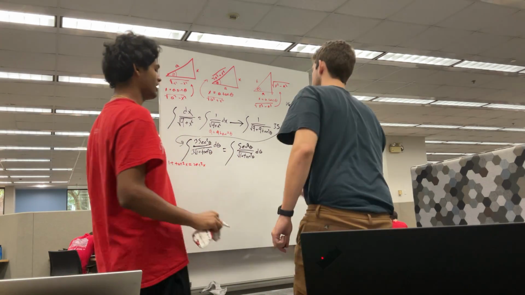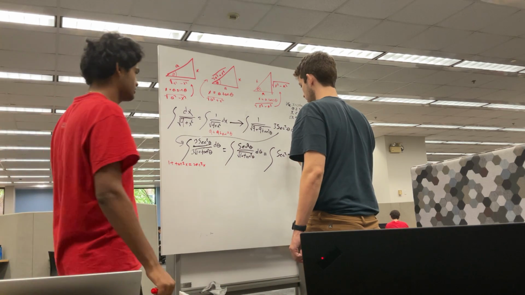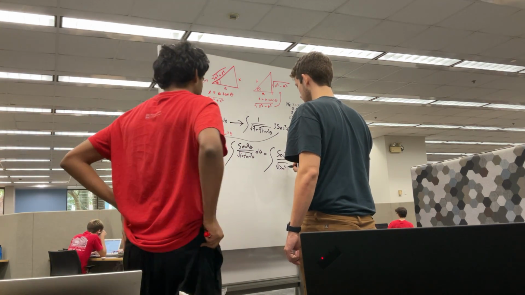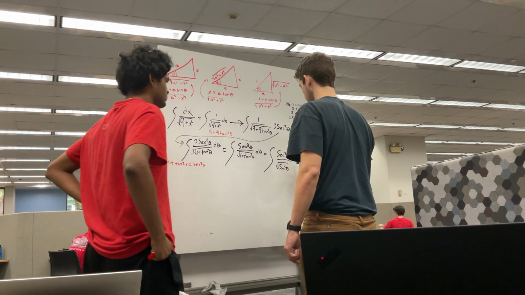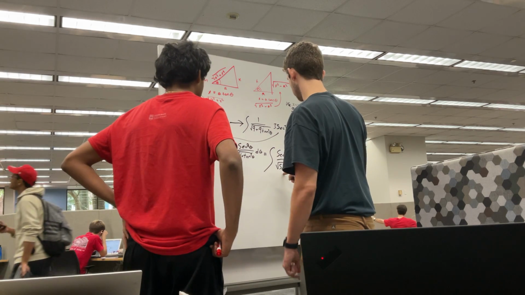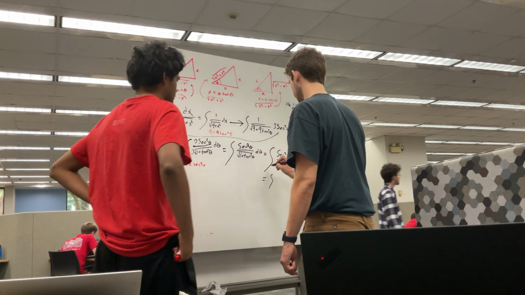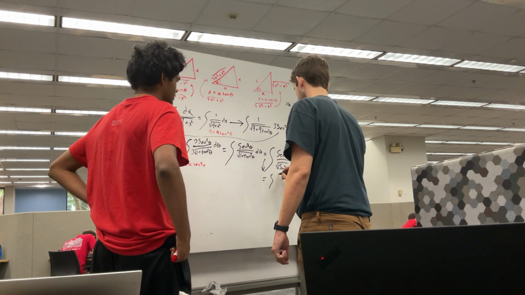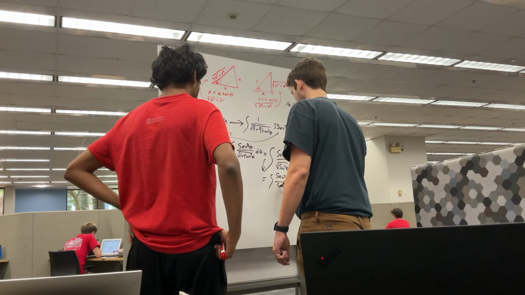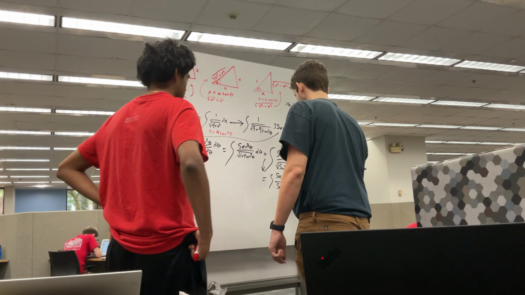We want to get rid of this thing in the radical. So that's going to be secant squared theta, and the square root of secant squared theta is just secant theta.